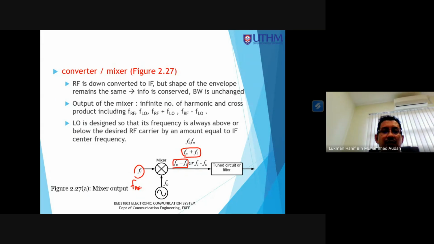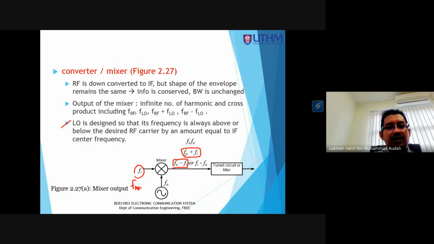In this scenario, you're going to see that the FLO is designed so that it will always be more than the F input. As stated in the last statement here, the local oscillator frequency is designed so that it will always be more than the F input, or the FRF. So why is it like that?